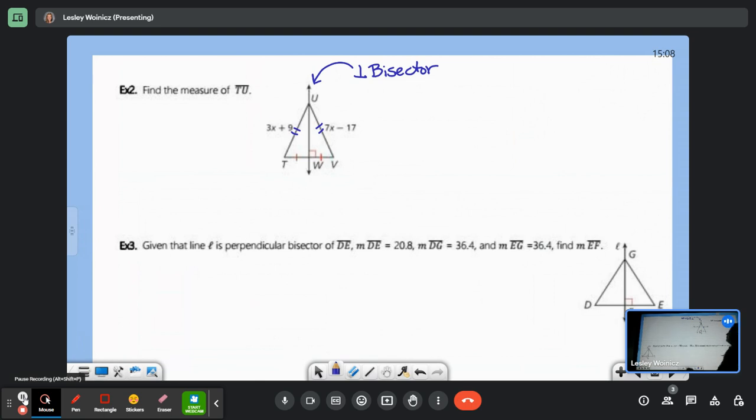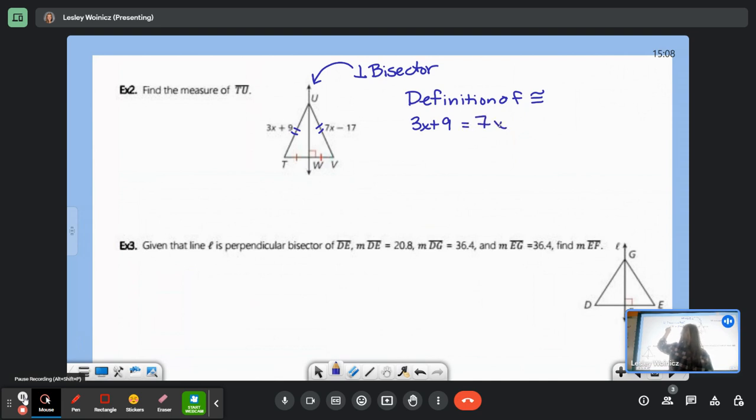So if my figures are congruent, then I know that my measures are equal. So by the definition of congruence, I can say that 3x plus 9 has to equal 7x minus 17. And the rest is just a really easy algebra problem. Do we subtract away 3x from both sides?